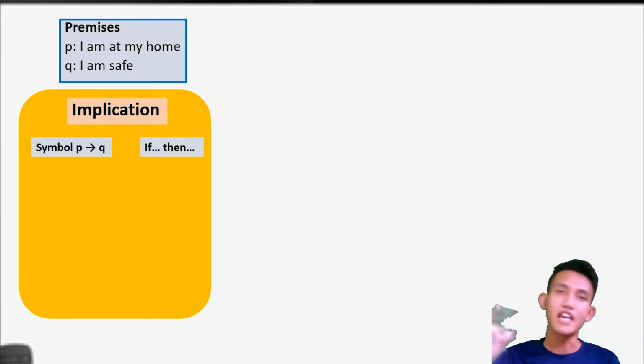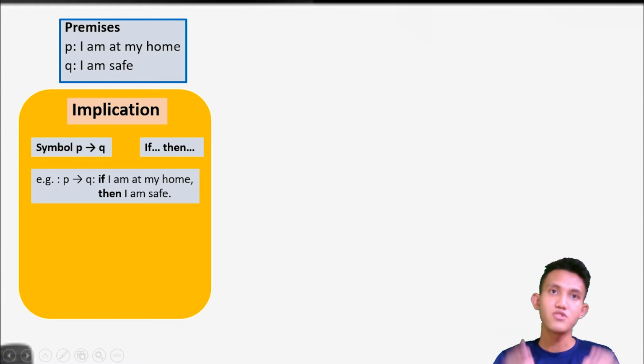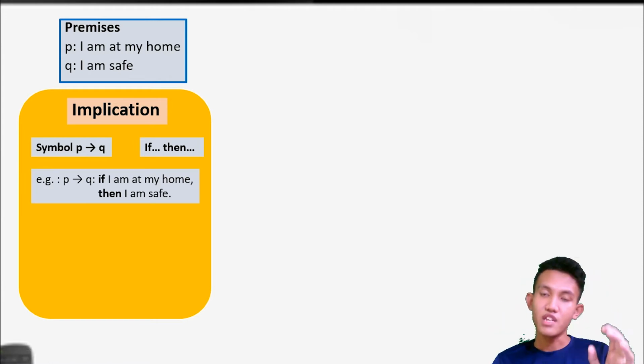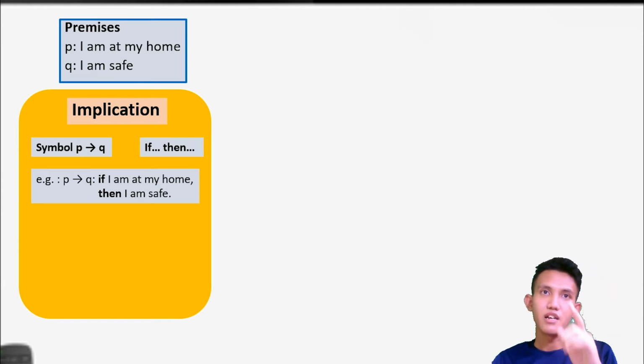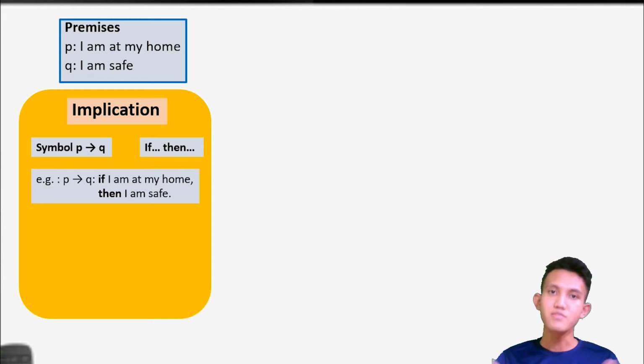So we use if and then. To use this, we put if in front of the first premise and then in front of the second premise. The example for this is: if I am at my home, then I am safe.